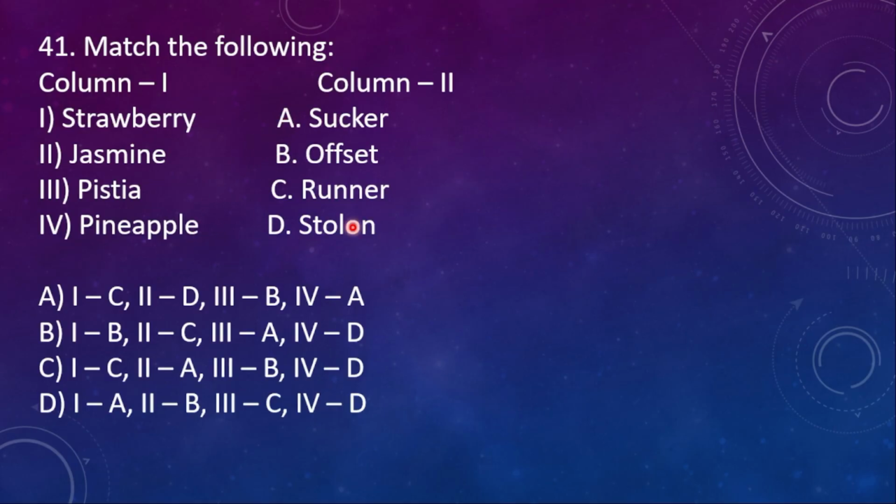You must keep in mind examples for all these kinds of modifications of the stem, then only you can answer these kinds of questions. So in this chapter you must give much more importance to the examples and then diagrams. Here the right option is A.